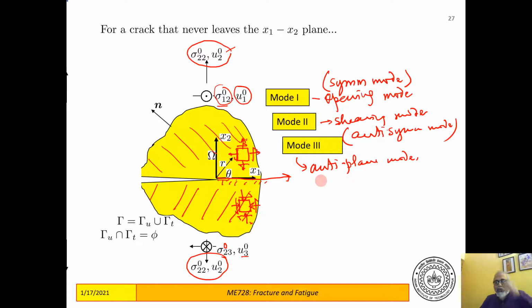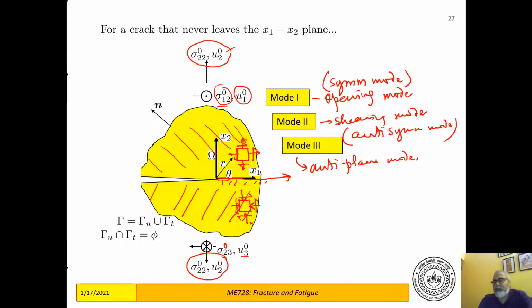Okay, so these are the three modes that are possible for a crack. Nothing more is possible, and any loading of the crack will be a combination of mode 1, mode 2 and mode 3. Okay, so the modes you have to understand very carefully, because we will use them all the time.